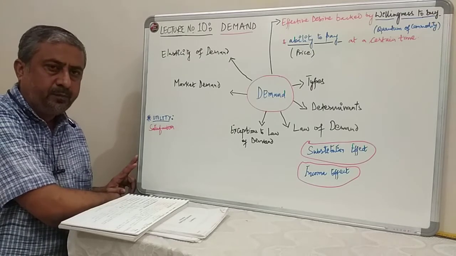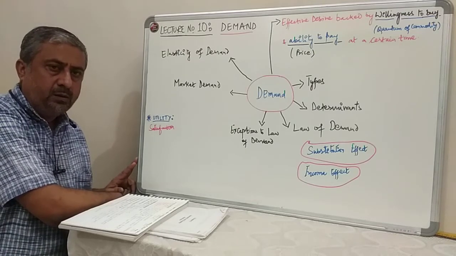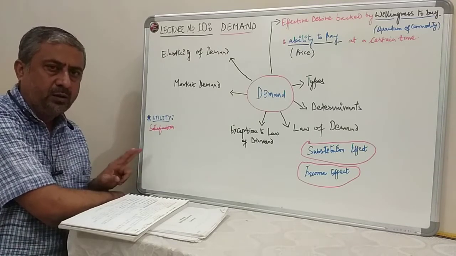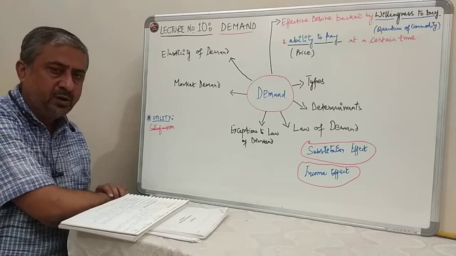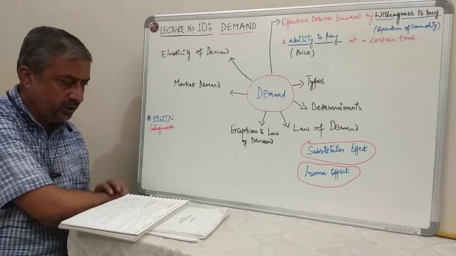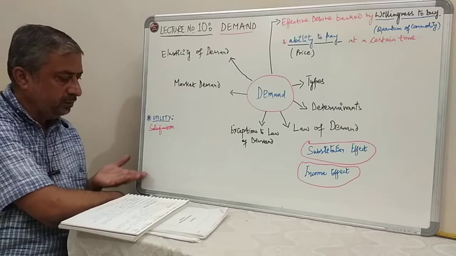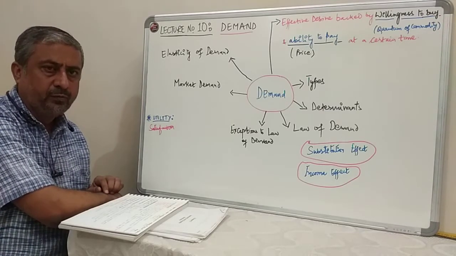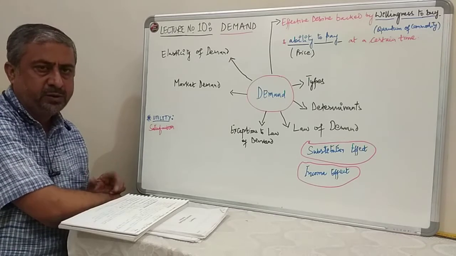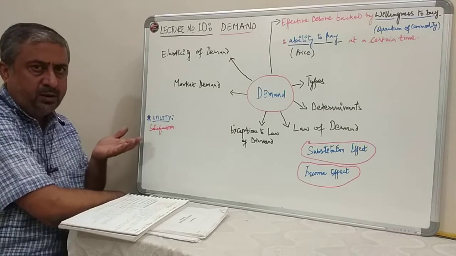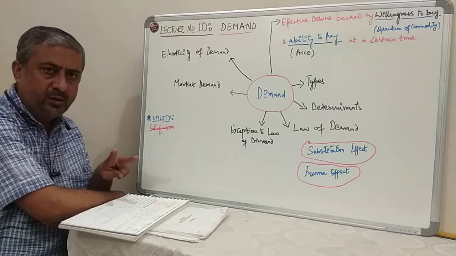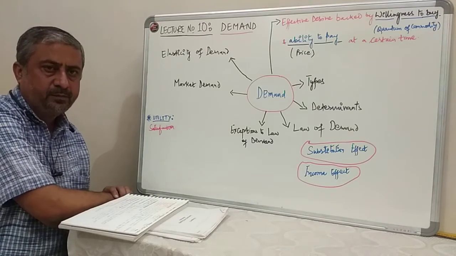So the demand for marker pens is because they complement each other, complementary goods, right? That's called complementary demand. The more of this is selling, the more marker pens are going to sell. The more marker pens are selling, the more ink is going to sell. Complementary demand. Right?